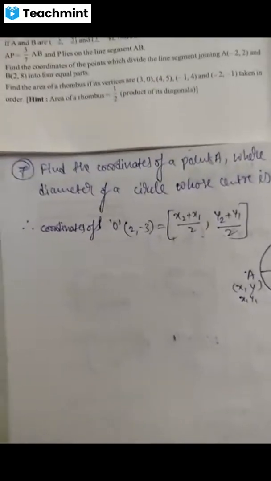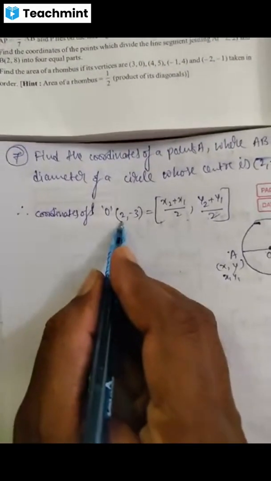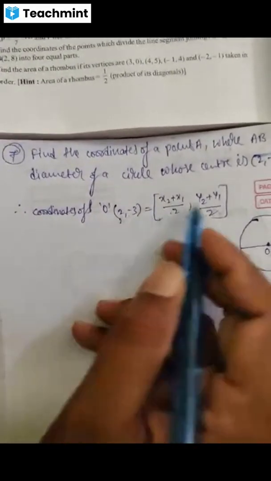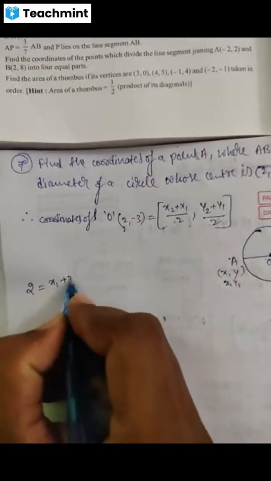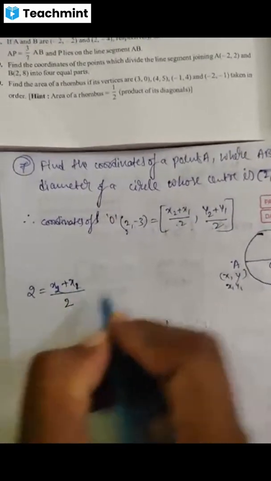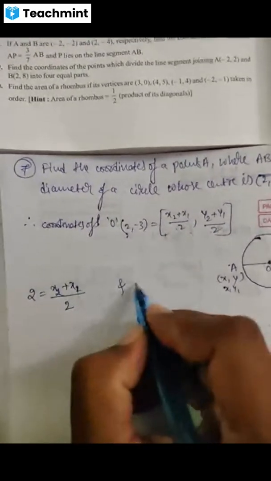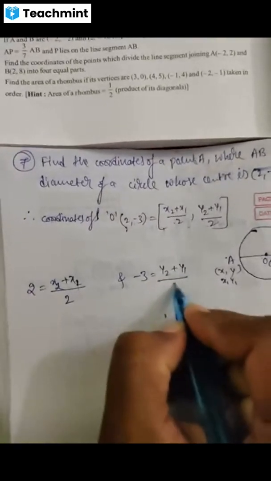See here, in this take the x coordinate separately, y coordinate separately. So 2 is equal to (x2 + x1)/2, and -3 is equal to (y2 + y1)/2.